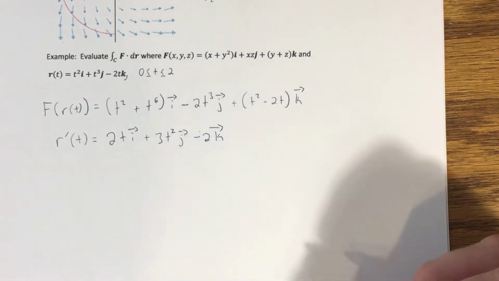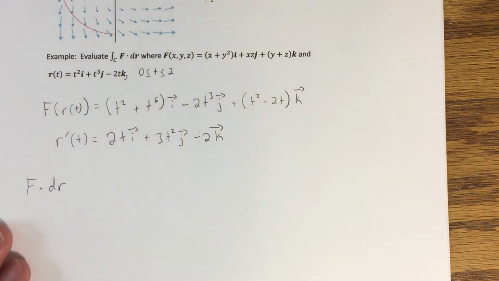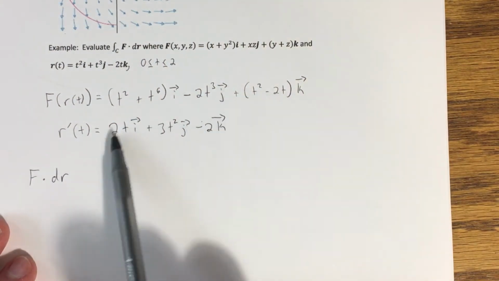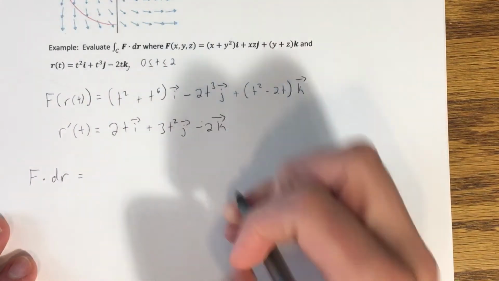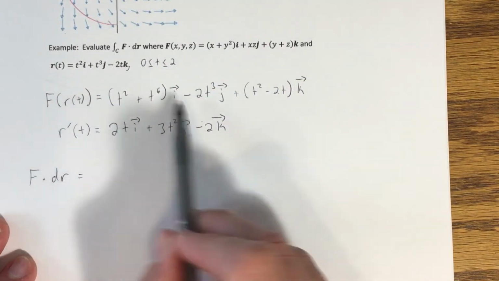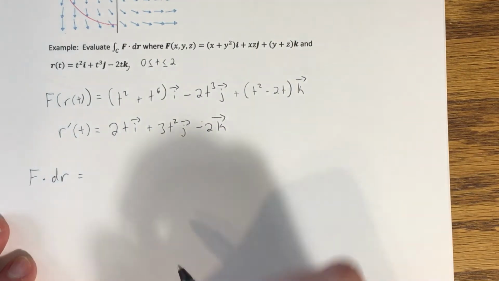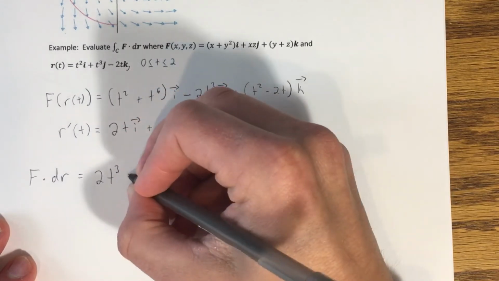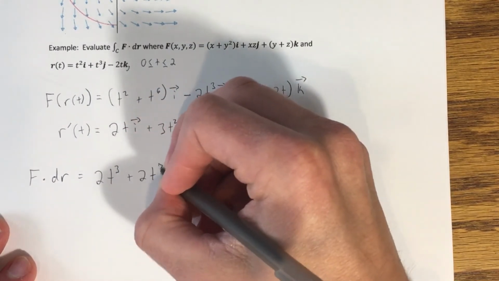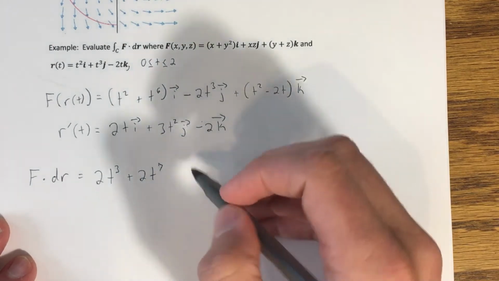Okay. Now, how do we find f dot dr? Well, that's the dot product of these two vectors, these two vector functions. So I'm dotting this guy with this guy. T squared plus t to the sixth times 2t. That's going to be 2t cubed plus 2t to the seventh plus the product of the next set of components, the j components.